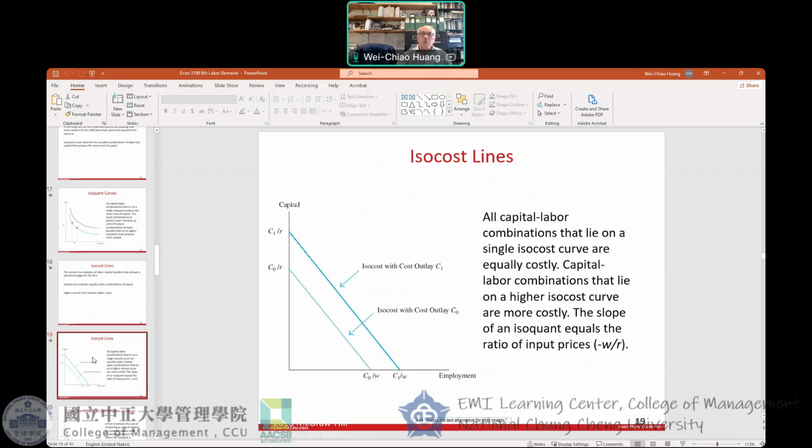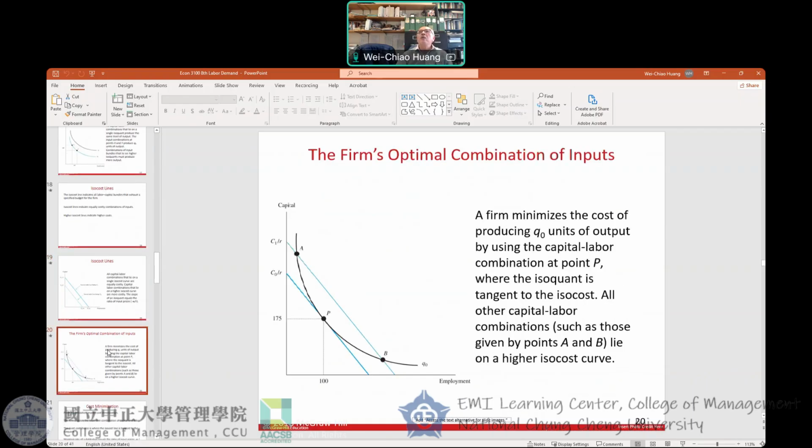And then we talked about the optimal combination of inputs. If the firm intends to produce Q0 output, represented by this isoquant, then the best combination of labor and capital is this tangency, which is cost minimizing, the least cost combination.